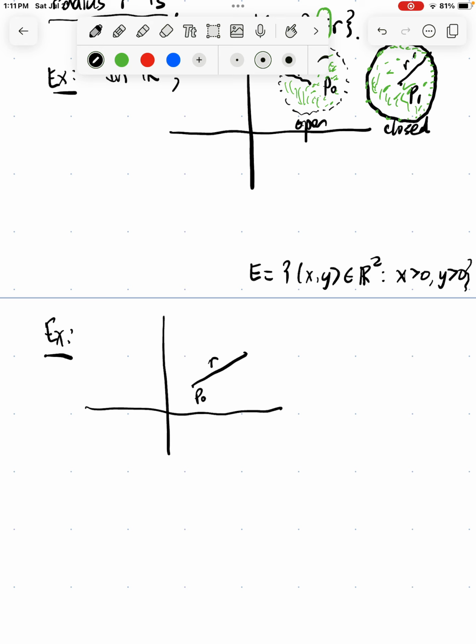Well, if we were looking at the metric space R2, then the closed ball centered at P naught of radius R would be this entire circle.